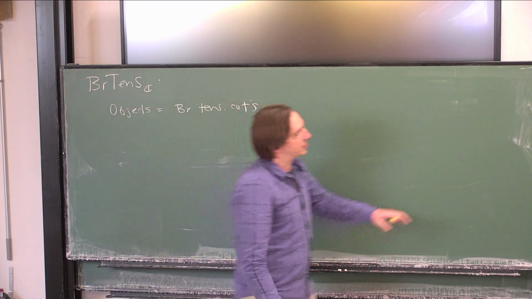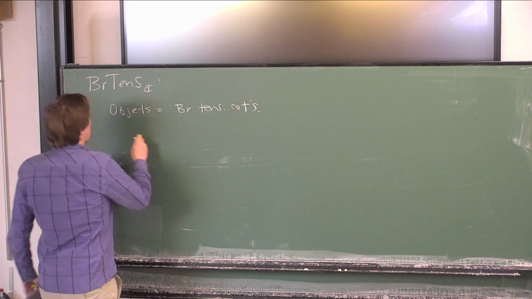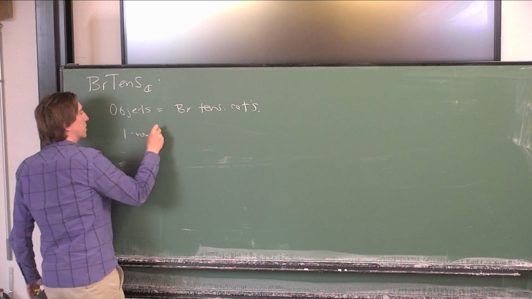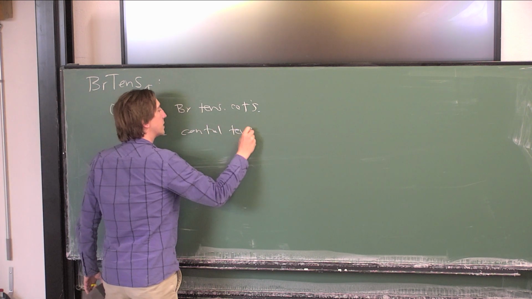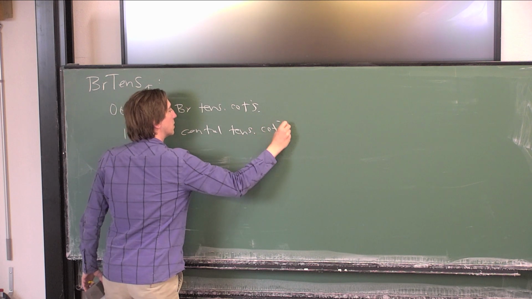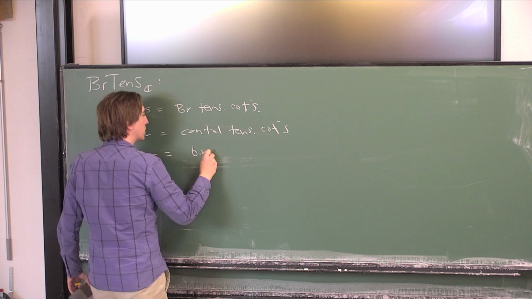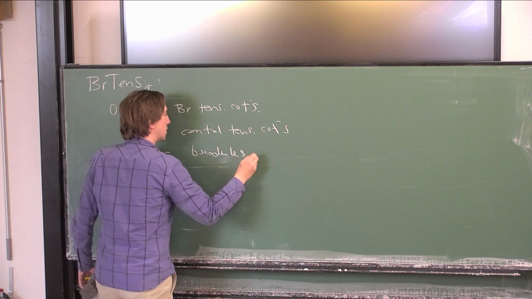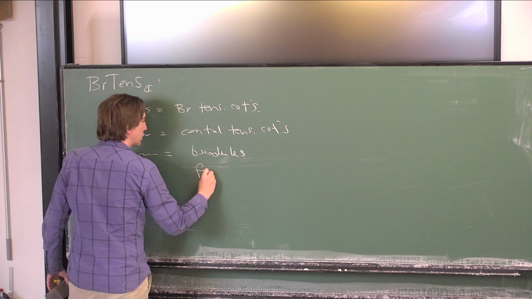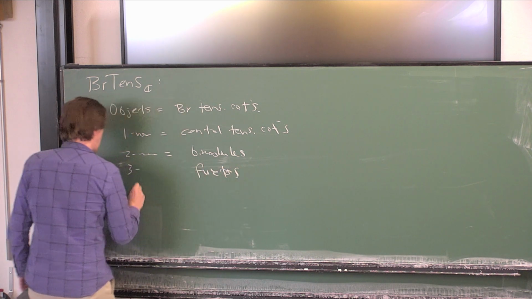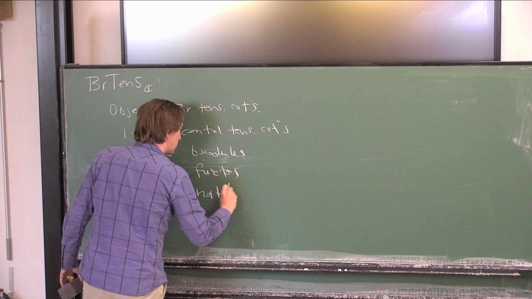And remember, a braided tensor category is just a two-disk algebra. One morphisms are central tensor categories. Two morphisms are bimodules. Three morphisms are functors. And four morphisms are natural transformations.